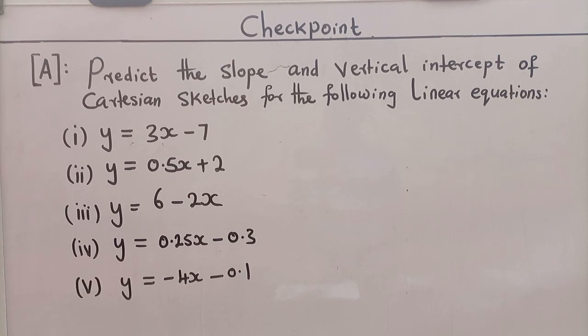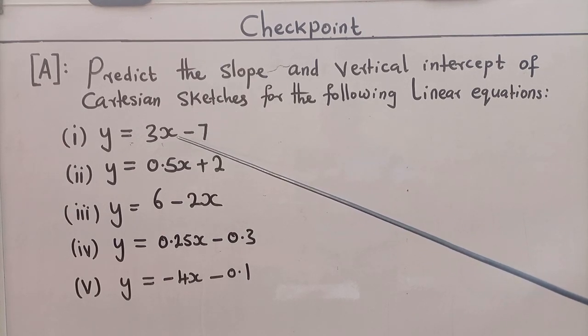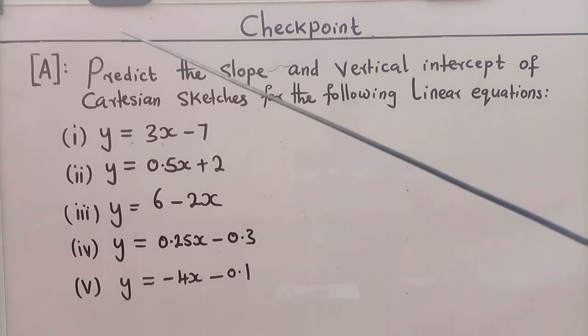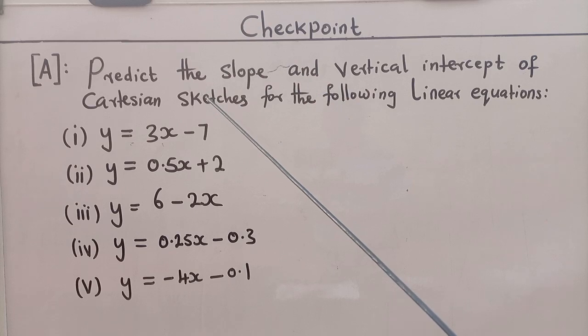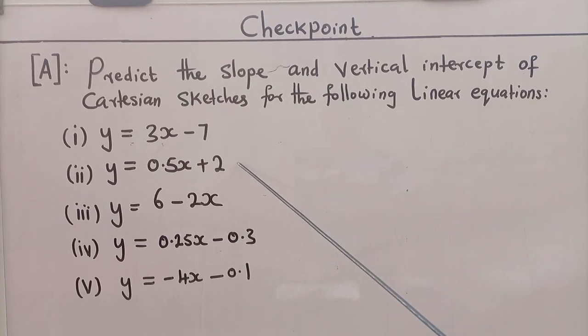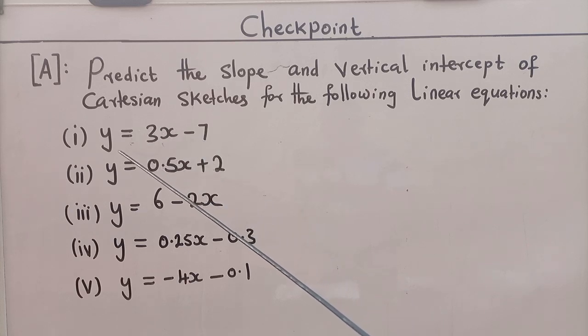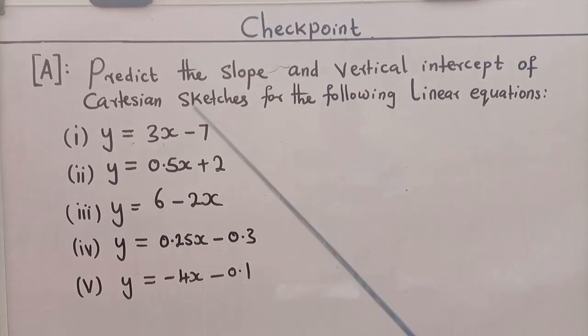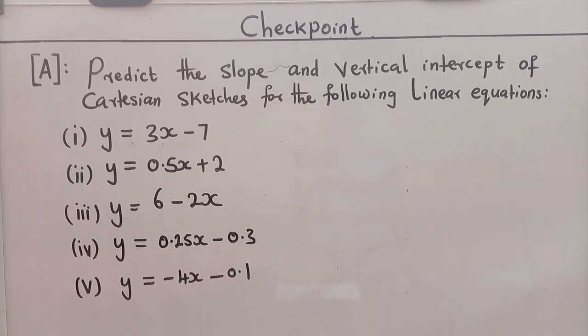In case you did not, what it means is that you should foretell, or tell ahead of time, what will be the slope and intercept of each of these equations if each of them is shown on a Cartesian sketch. That is, if we sketch this on Cartesian space, what is going to be the slope from that sketch and what will be the vertical intercept from that sketch? The same thing applies to the others.